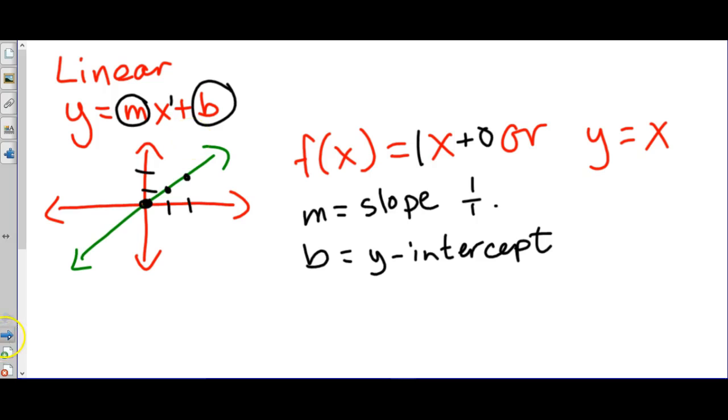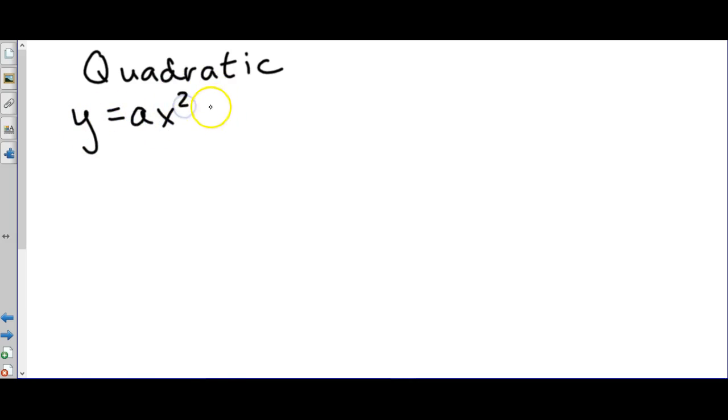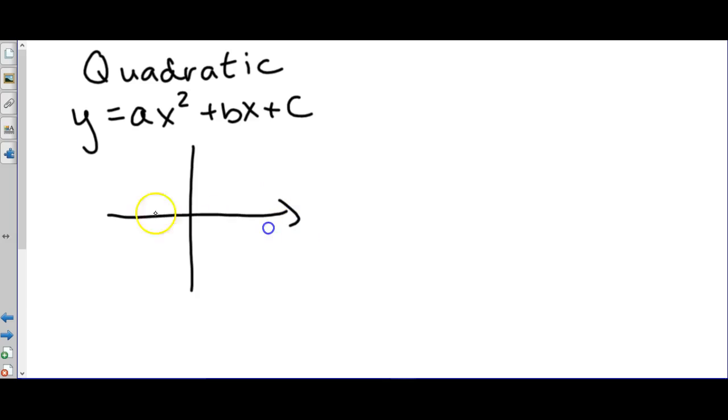The second function they review is a quadratic function. A quadratic function looks like this in standard form: y equals ax squared plus bx plus c. Its most basic one will be a parabola.